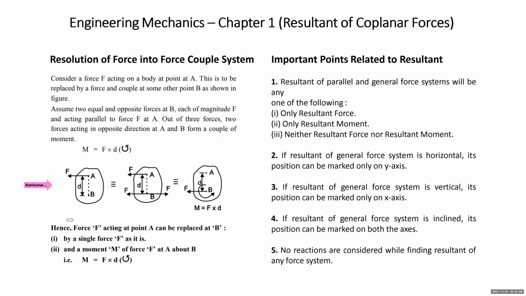Here I have taken a body on which force F is applied at A horizontally towards left. I have a point B on which I want to find its effect. That means force F applied on this body at point A horizontally towards left. What will be the equivalence at point B? If I want that my body should experience the same, what should I apply at B?